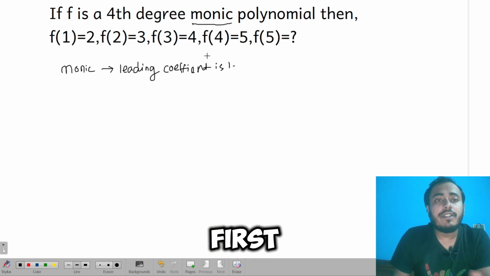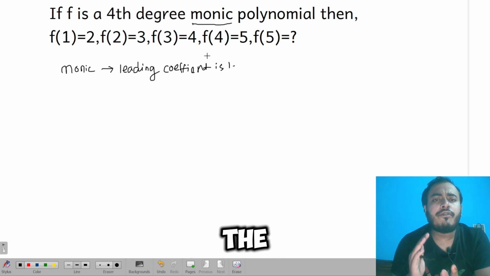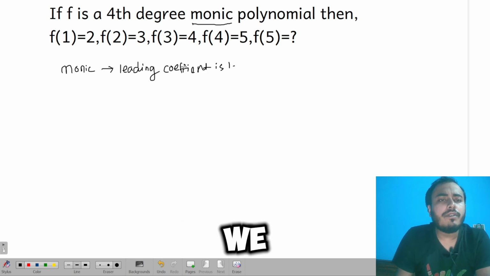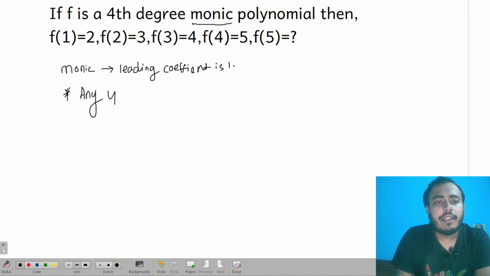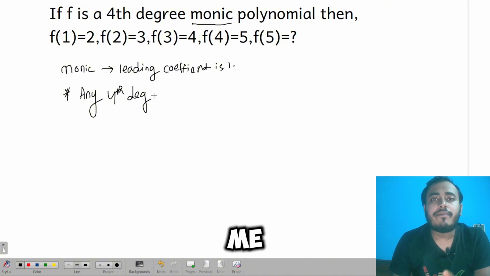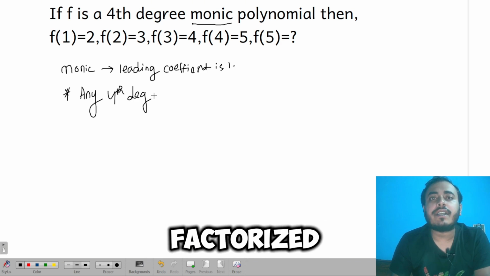How? First of all, notice that the four values which we are given, f of 1, f of 2, f of 3 and f of 4, at least these four values conform to a pattern, right? Now we will note that any polynomial could be an nth degree polynomial. The fundamental theorem of algebra tells me that any polynomial of nth degree will have exactly n roots, and it can be written in the factorized form.